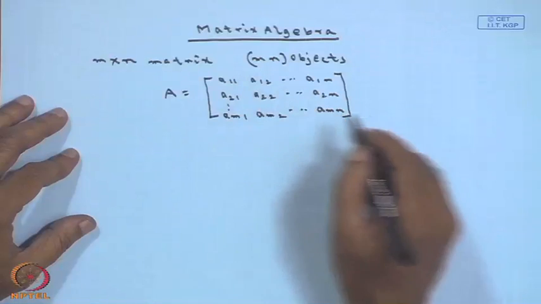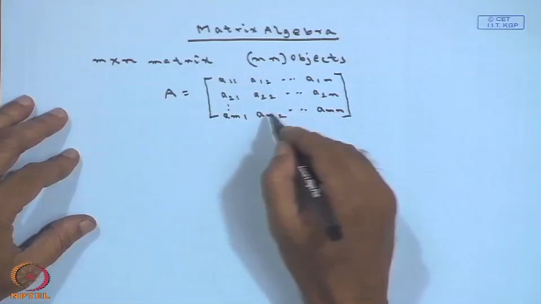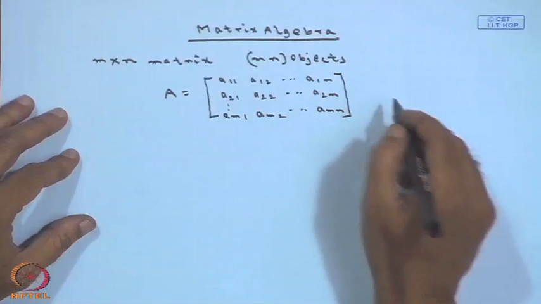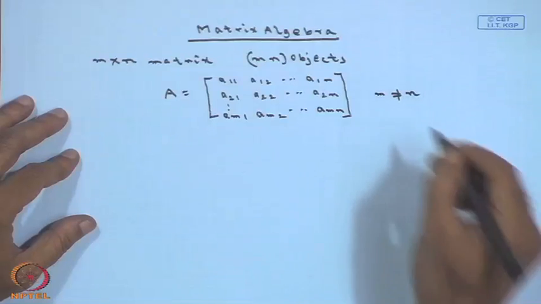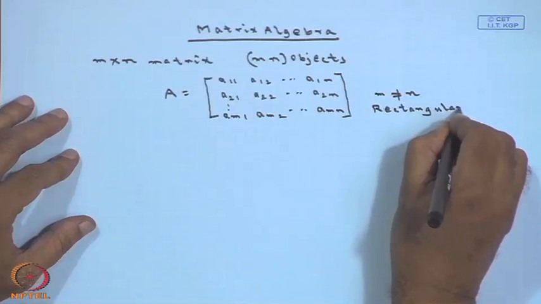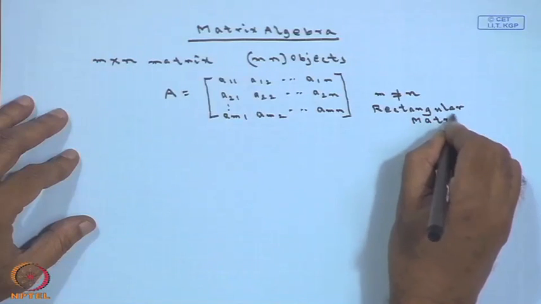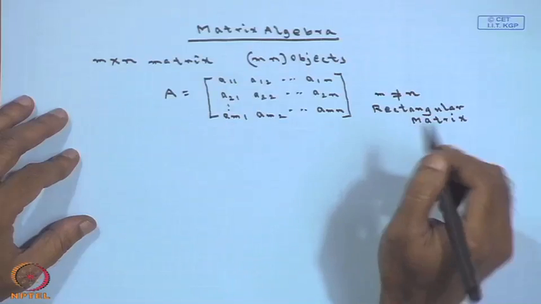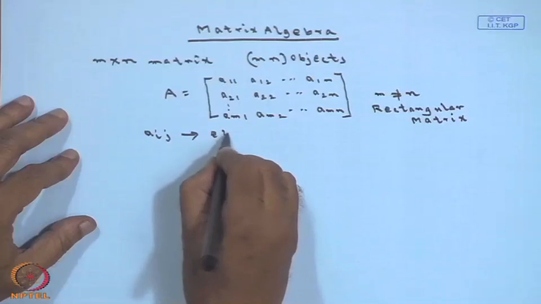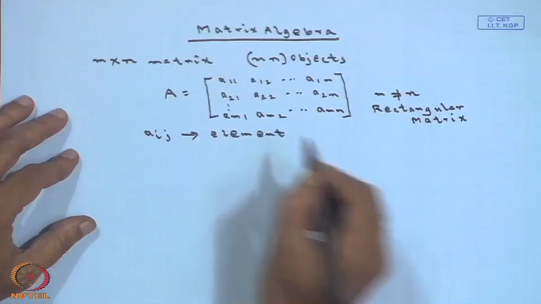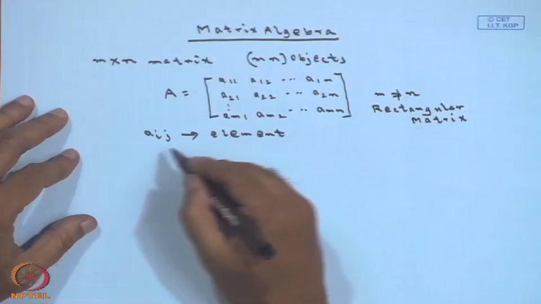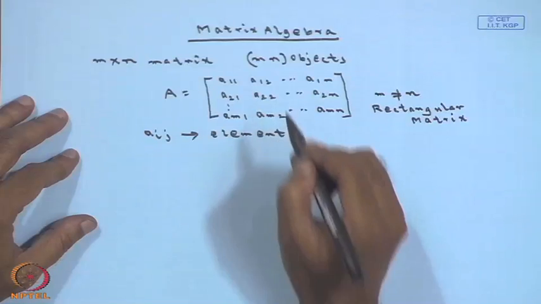We say that the matrix is of order m cross n, since it has m rows and n columns. Whenever m is not equal to n, we call the matrix a rectangular matrix. Each object aij is called an element of the matrix, that is, the element on the ith row and the jth column.